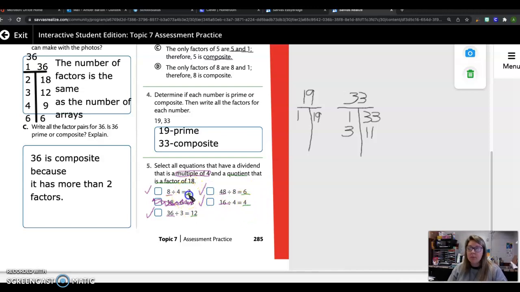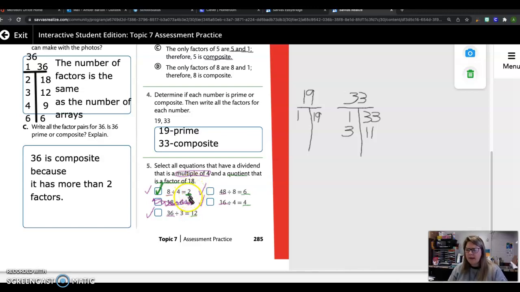Can you multiply 2 times a number to equal 18? Yes. That means that this entire equation is true. 8 divided by 4 equals 2 fits both of the criteria here. Let's look at this next one. Can you multiply 12 times anything to get to 18?